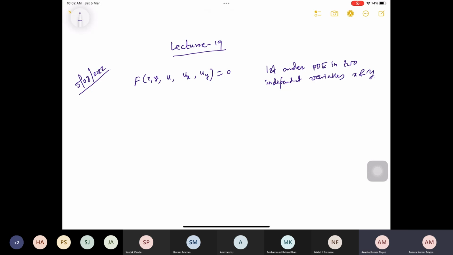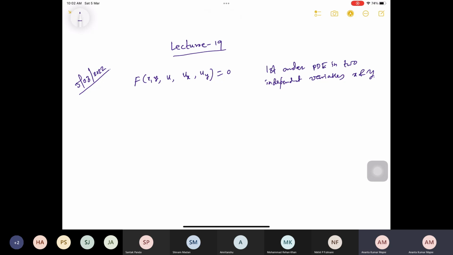X and y. The unknown u should be a solution to your given PDE, and ux and uy are the partial derivatives of the unknown function u. I have given you examples of semilinear PDE, linear PDE, quasi-linear PDE, and fully nonlinear PDE.